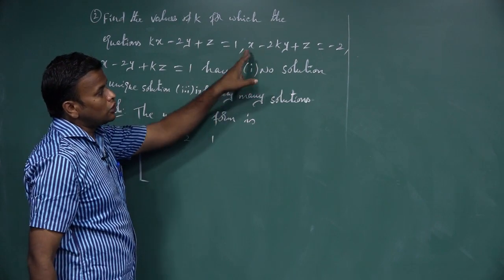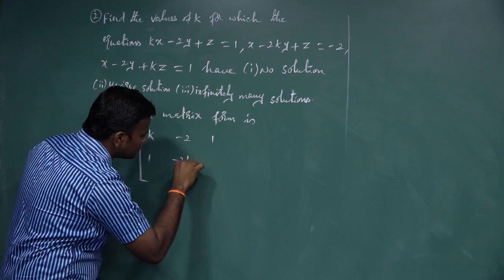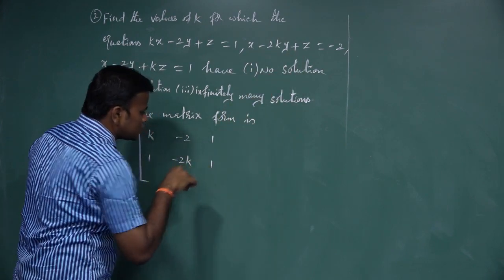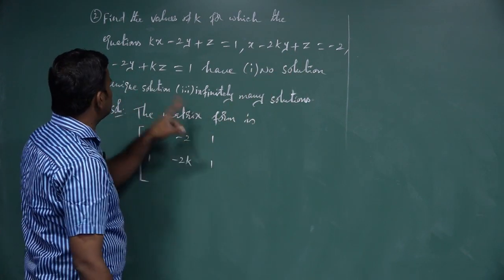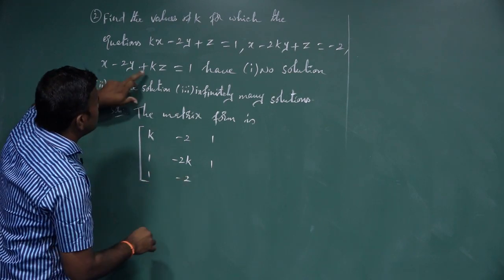In the second equation, coefficient of x is 1, y is minus 2k, and z is 1. In the third equation, coefficient of x is 1, y is minus 2, z is k.